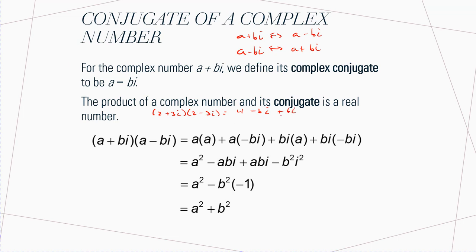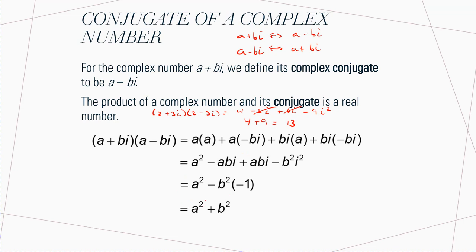And 3i times minus 3i gets me minus 9i squared. And look what happens. The middle terms cancel out, like you see here when I leave the letters in. And the i squared becomes negative 1, so this ends up being 4 plus 9, or 13.